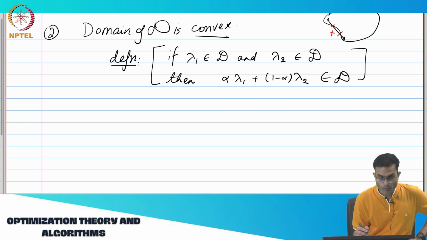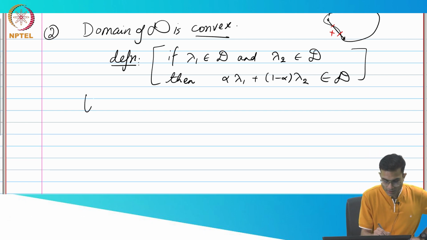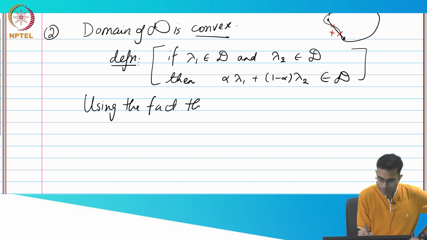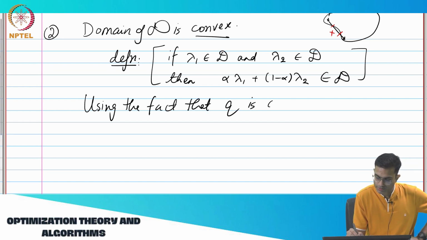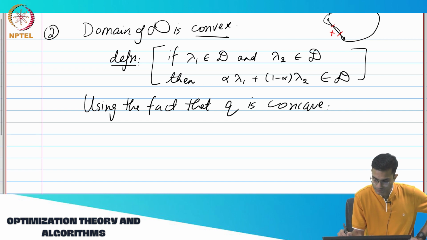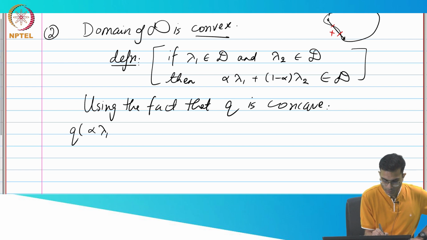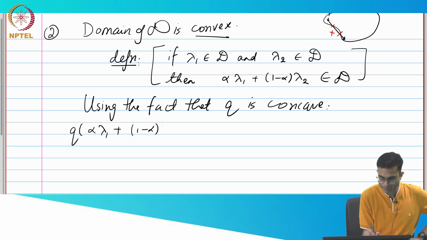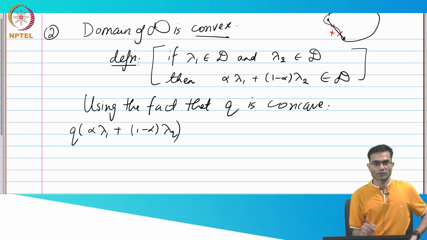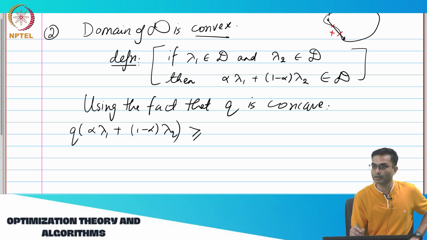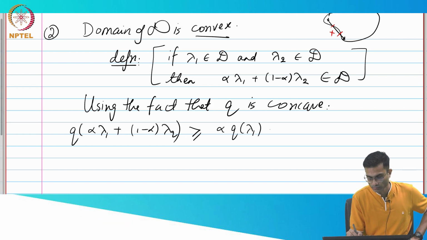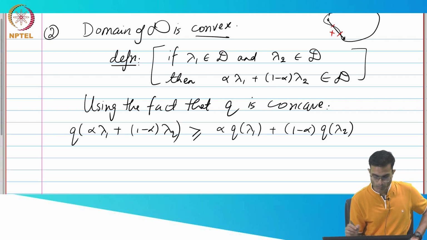So let's go to prove it. We will use the fact that Q is concave, which we just proved. So Q of alpha lambda 1 plus 1 minus alpha lambda 2 should be greater than or equal to, using the property of concavity, alpha times Q of lambda 1 plus 1 minus alpha times Q of lambda 2.